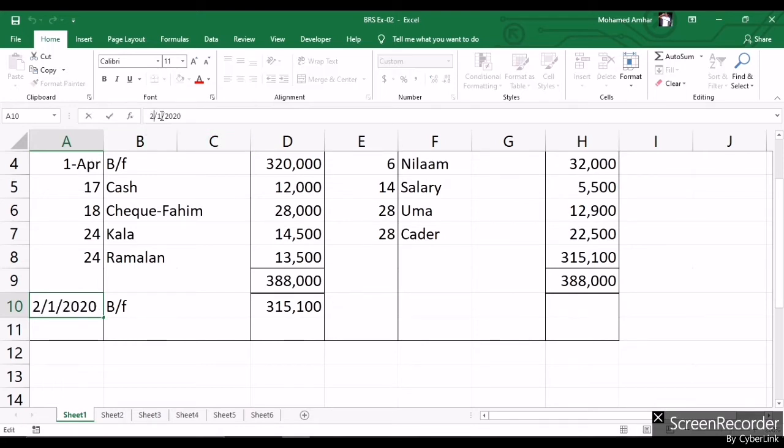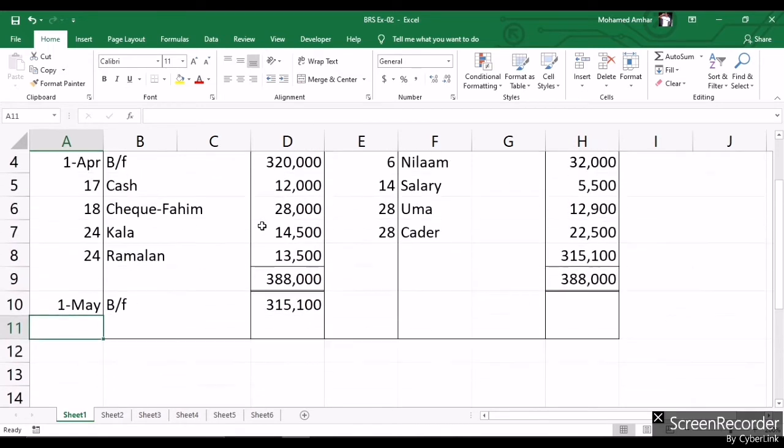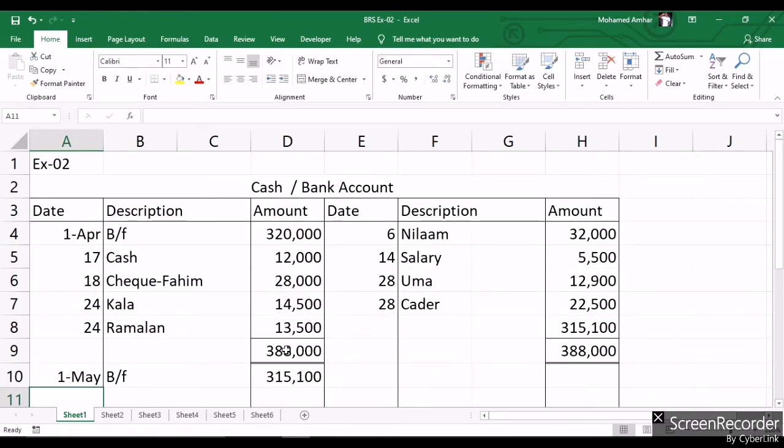So on May 1st we have to find out the balance. So in April, this much of amounts we deposited. So get the total.